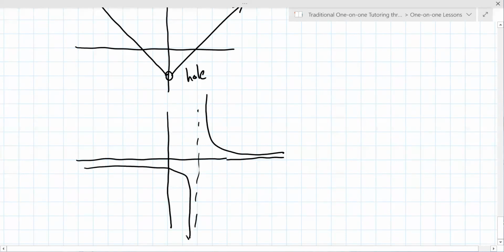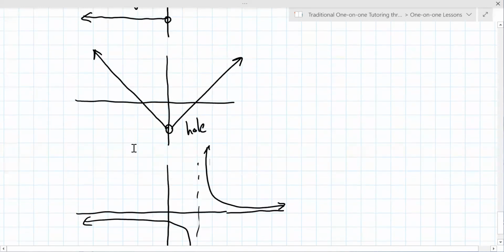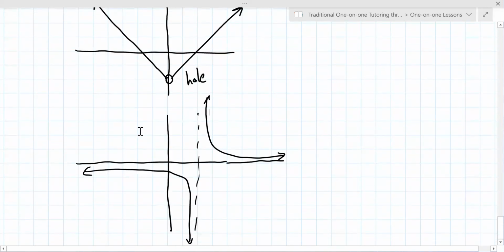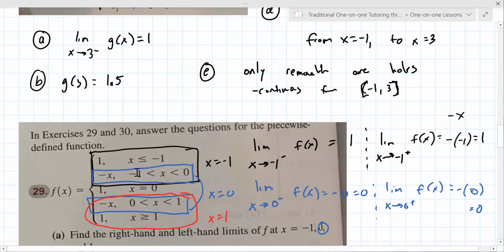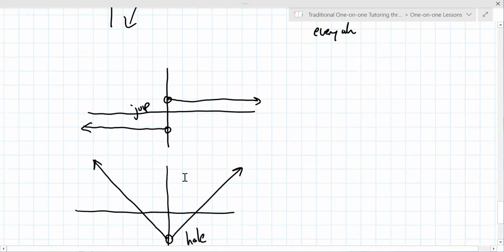How do these look as equations? Like, how do you know that it's a hole or a jump? They're piecewise. That's how you know. This is where they generally come from. But if you're given an equation, would they ever ask you to say, is this a hole or a jump? Probably not.